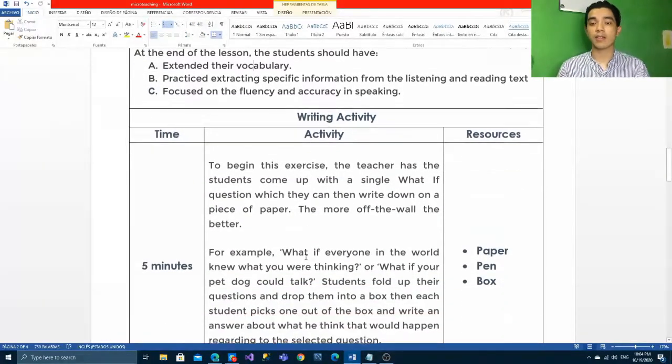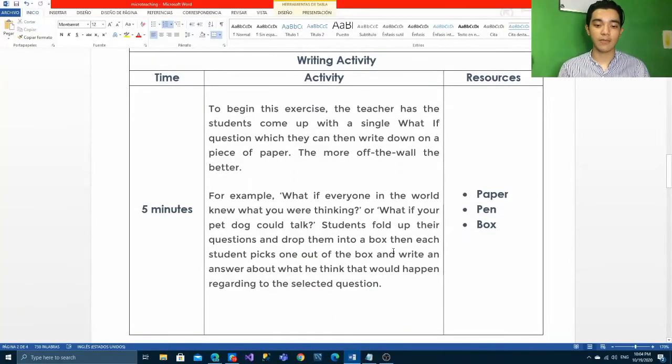The first one is the writing activity, that is divided in 3 sections: time, activity, and resources implemented. The time used was 5 minutes for this activity.